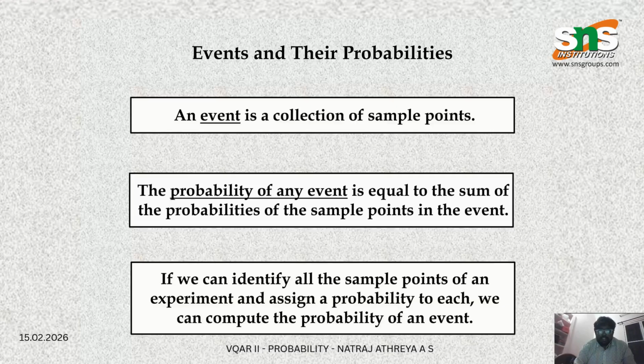If you can identify all the sample points of an experiment and assign a probability to each, you can compute the probability of an event. Exactly as said earlier, if you can find the probability of a particular outcome or sample point, then through different sample points we can calculate the total probability of all the outcomes of that particular event.